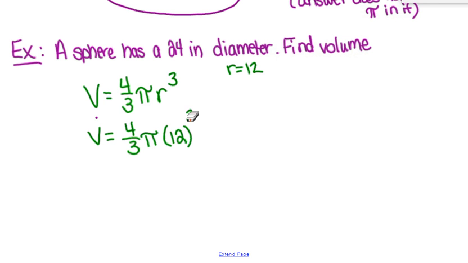At this point, depending upon how the question is asked, that's going to determine what I put into my calculator. If they ask for the answer in terms of pi, then I'm going to put everything except for the pi into my calculator. So I'm going to type 4/3 times 12 to the third power.